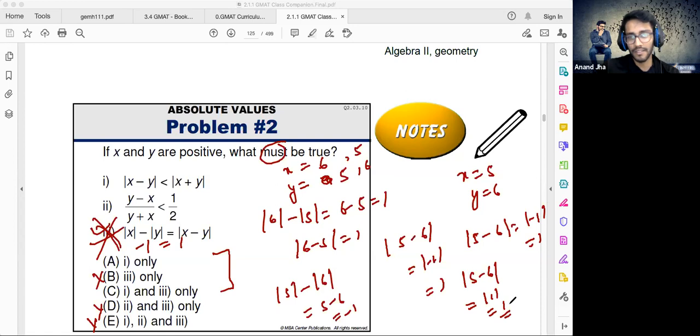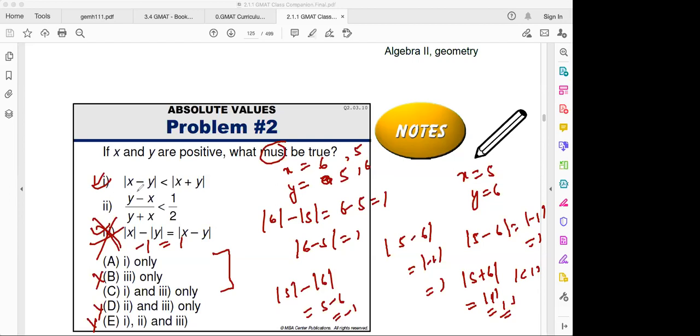Oh my God, the first one is also failing. Mod 5 minus 6 is mod of minus 1, that is 1. 1 is less than mod. Oh, sorry, this was plus. My bad. Mod 11, correct? 1 is less than 11. 1 is correct. Should be A only. Let me check the second one.